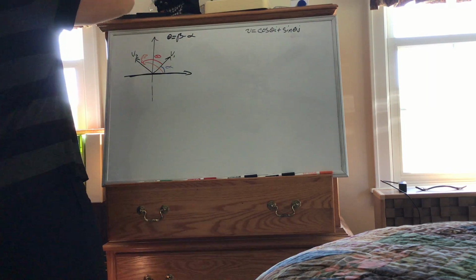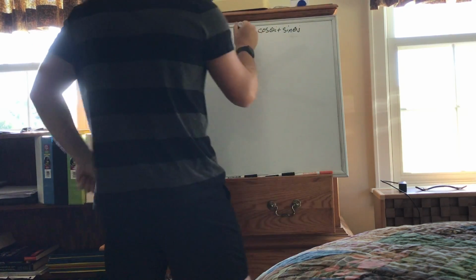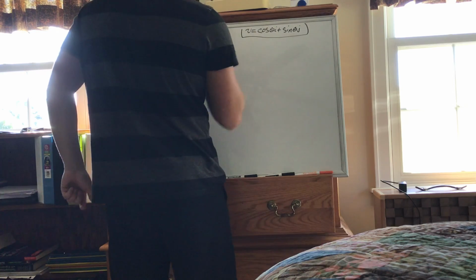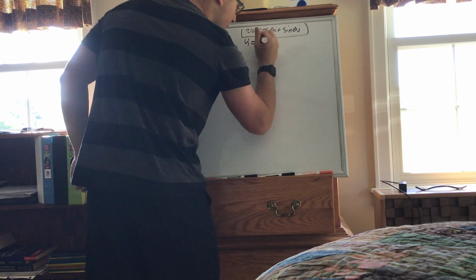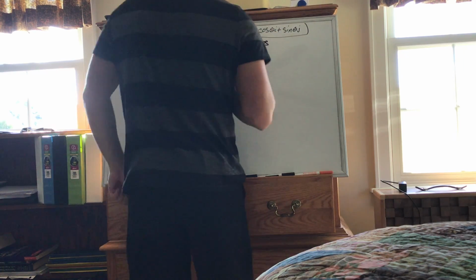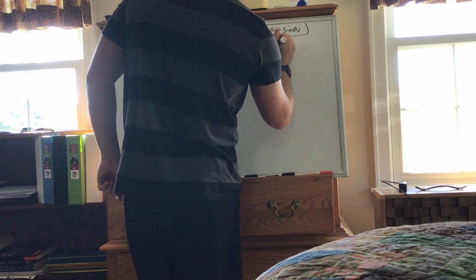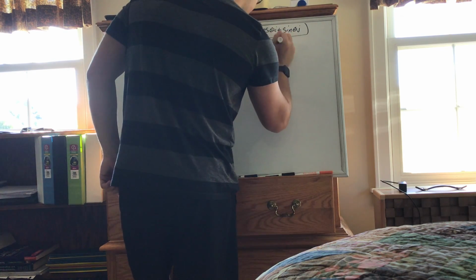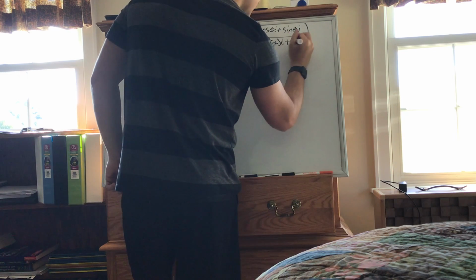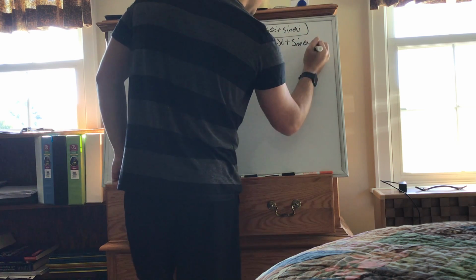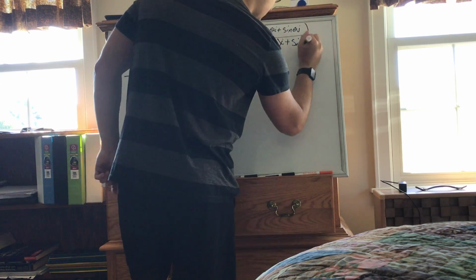One thing we'll do is write out the two vectors. We'll have a formula for v1 equals cosine of the angle between the positive x-axis and the vector itself, alpha, i, plus sine alpha j.